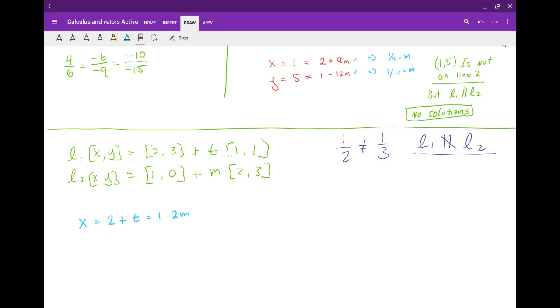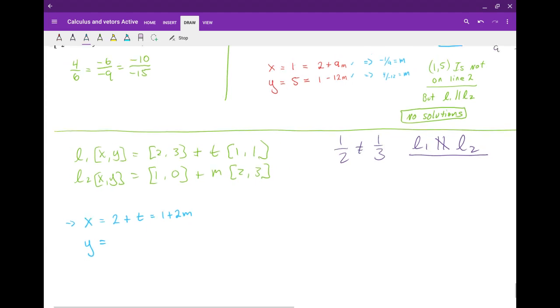And what I'm doing here is I'm basically taking the x components and setting them equal to each other because I know that they have some sort of x value in common, and they also have some kind of y value in common. Why do I know? Because they're not parallel.